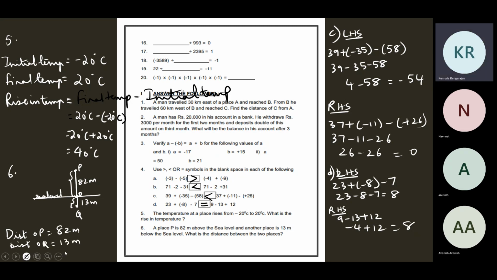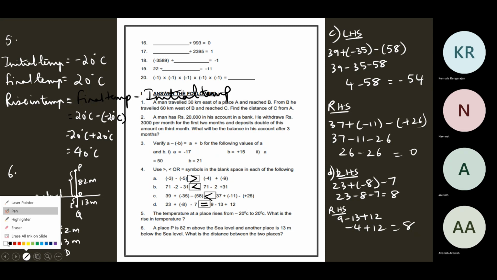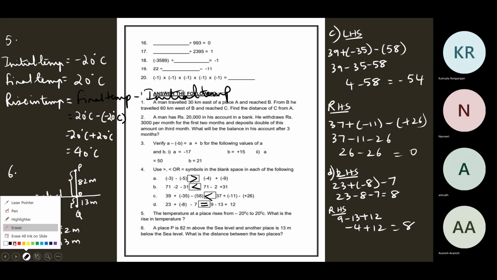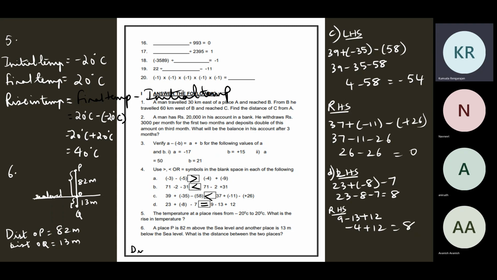So distance PQ is equal to 82 plus 13, which is 95 meters.